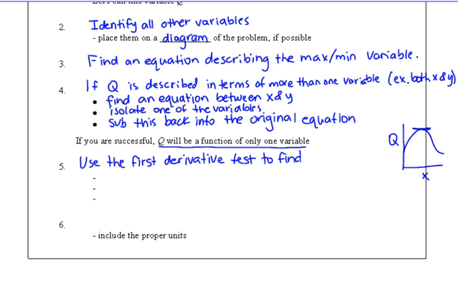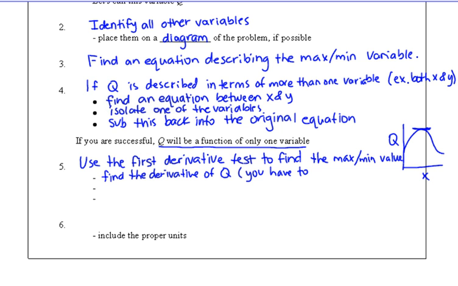To find the max min value. So how do we do that? Find the derivative of q. Sorry, it's a lot of writing. I should have just photocopied it. You may have to implicitly derive. Okay.